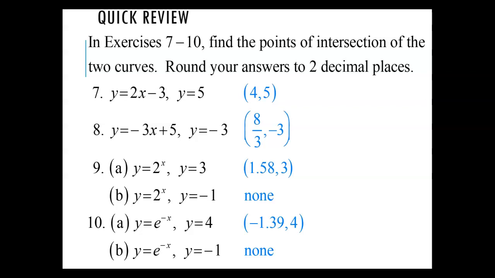To get that point of intersection, you go to second trace, and now it's option 5. What's so nice about the trace feature for intersect is you could not move your cursor at all. Mine was way over here, and it will still jump because the graphs only intersect once. If they intersect multiple times, then you have to move it. But if they only intersect once, you can leave your cursor wherever it is.